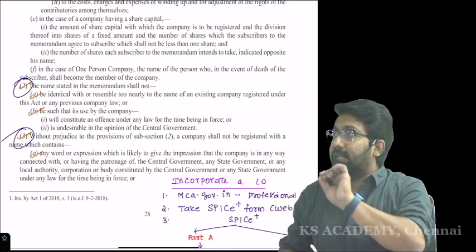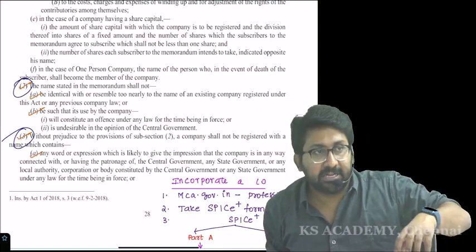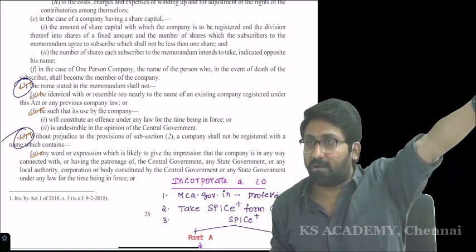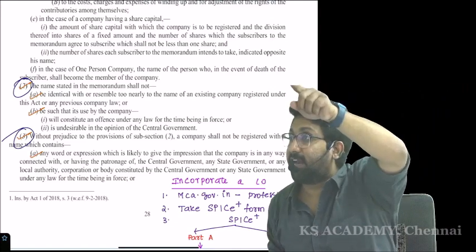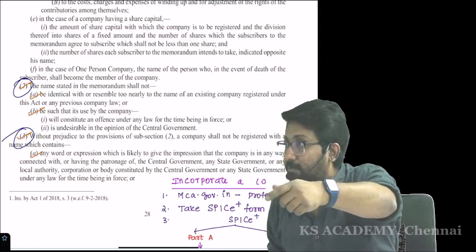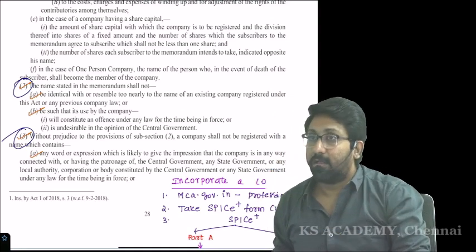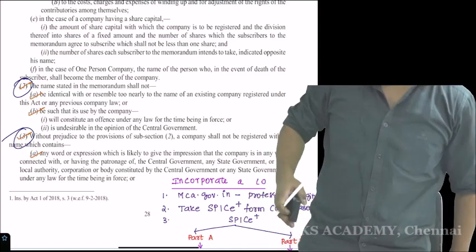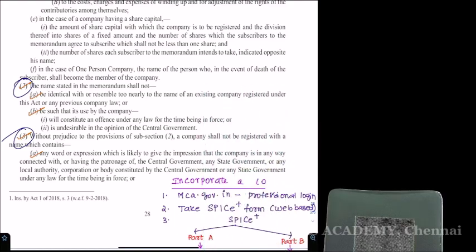This section 4 we read previously or not? At that time, in what context did we read it? At the time of incorporation or after incorporation? Please listen carefully, everyone, please wake up. This section we already read or not? When we read it for the first time, in which context did we read it?